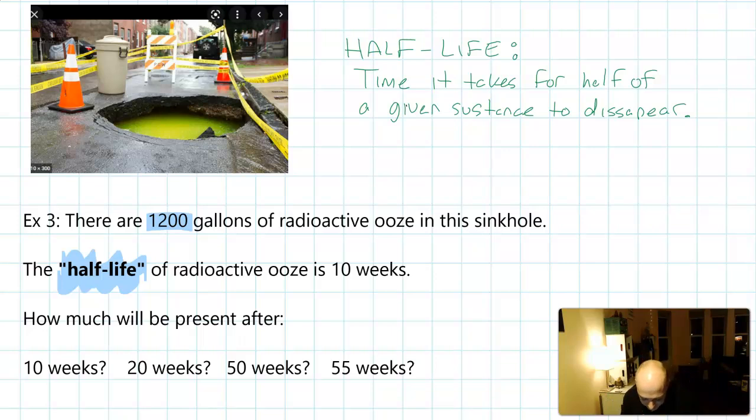And what's confusing for a lot of folks about half-life is that it is actually a unit of time. So the half-life for something is given in hours or minutes or seconds, depending on, of course, what the substance is. The other cool thing about half-life is it does not depend on amount.